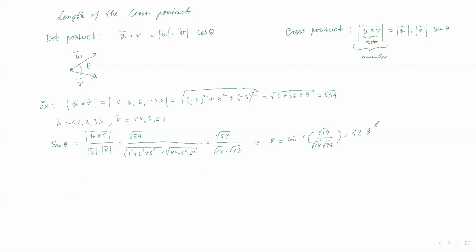Is this number going to agree with the cosine way to calculate this angle? Let's check if the cosine way gives the same answer.